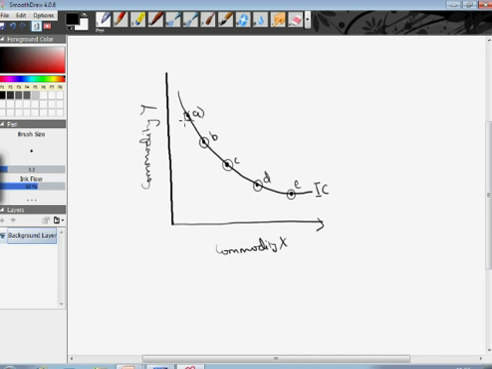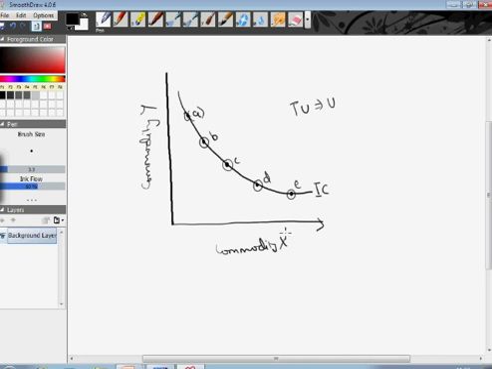So each combination of X and Y, that is A, B, C, D, E, will give us the same level of satisfaction, the same level of total utility, which is U. So we can say that the indifference curve is a locus of points which shows the same level of satisfaction by using a combination of two goods.